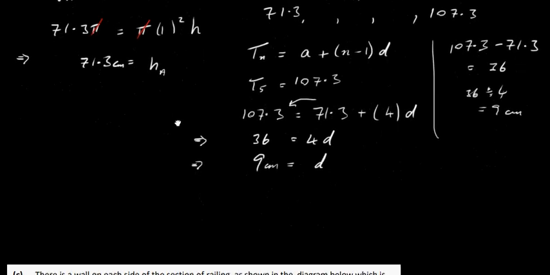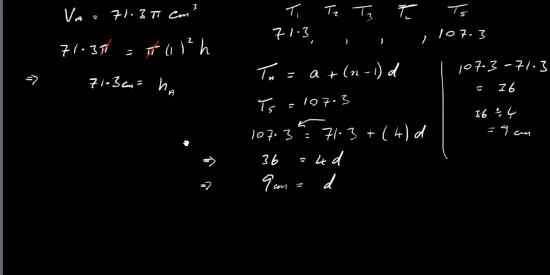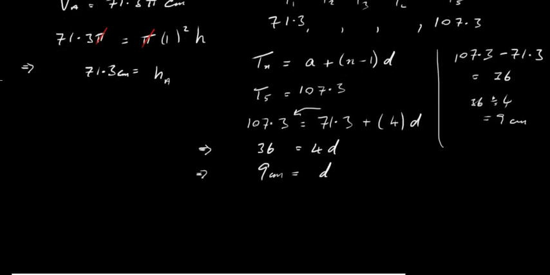Let's do it down at the end here. These are the bars, and these are the heights. Bar A we know is 71.3. So we're going to write down bar B. Bar B, we just add 9 to it, so 71.3 plus 9 is 80.3.